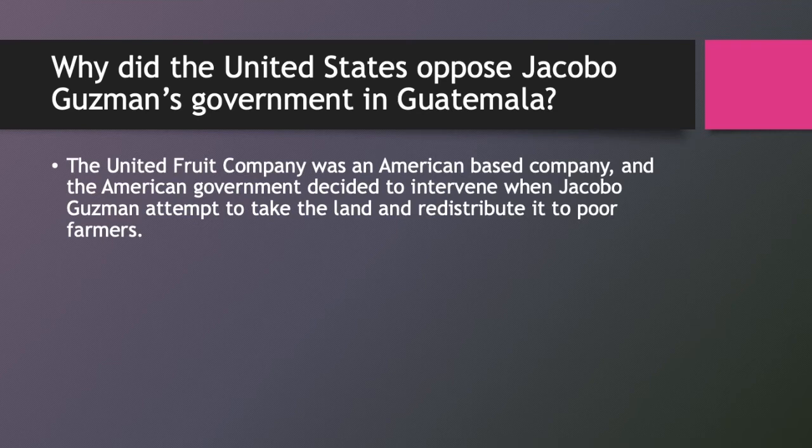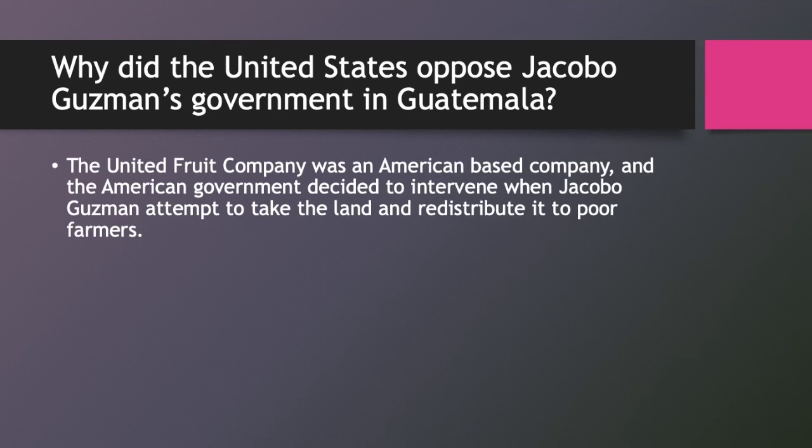The United Fruit Company pressured the American government, and the American government brought in the CIA, trained a group of guerrillas, and then sent the guerrillas in to topple the government. So that's what happened. So why did they oppose it? United Fruit Company. That's the big thing: he wanted to seize the land from the United Fruit Company.